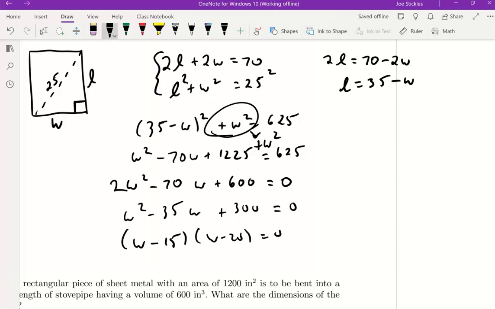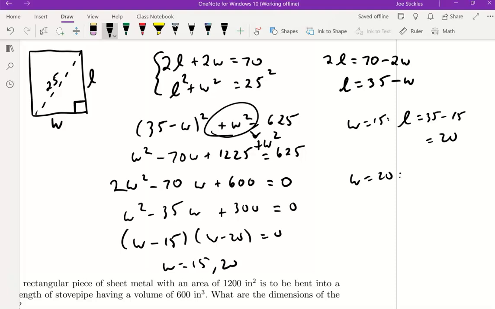That's much better. So our W should be 15 or 20. That makes me happier because that actually makes more sense to me that this worked out this way. So again, plug these in. If your W is 15, you get 20 for the length.